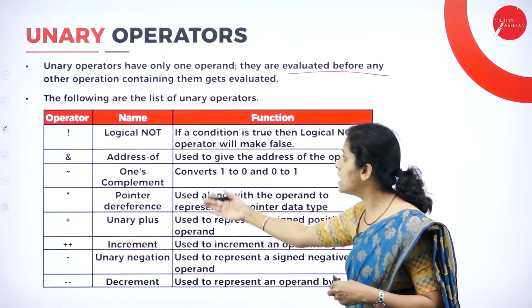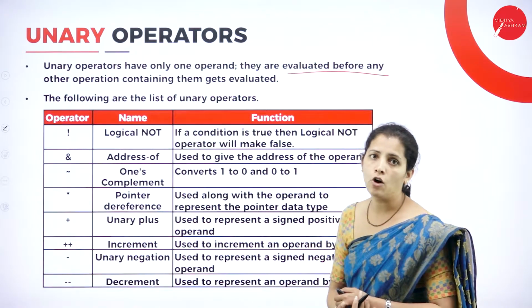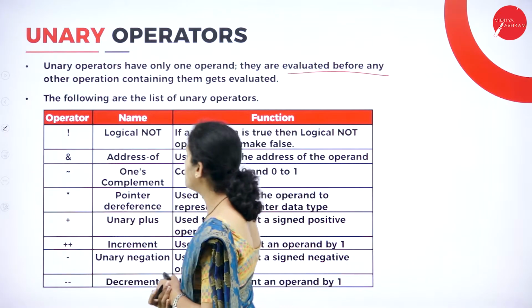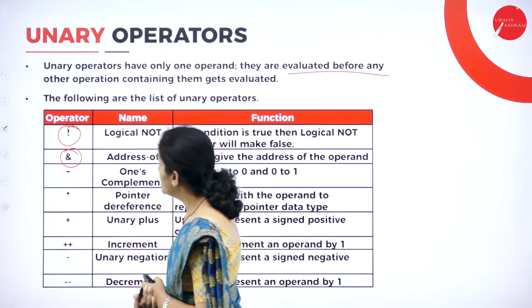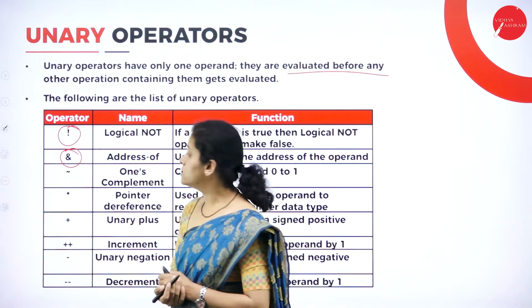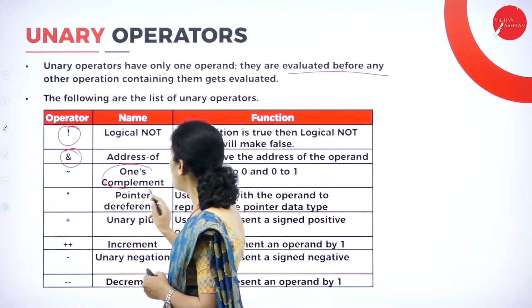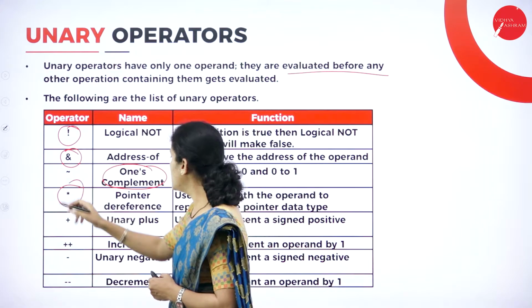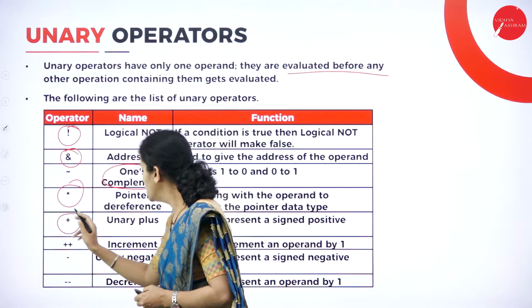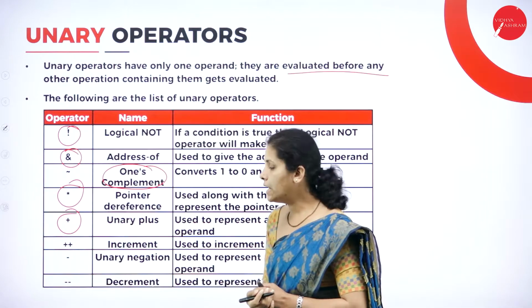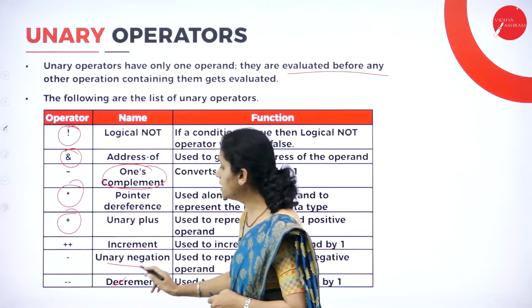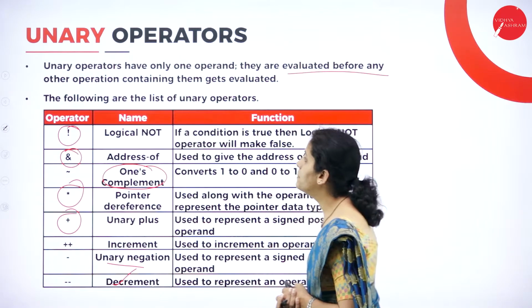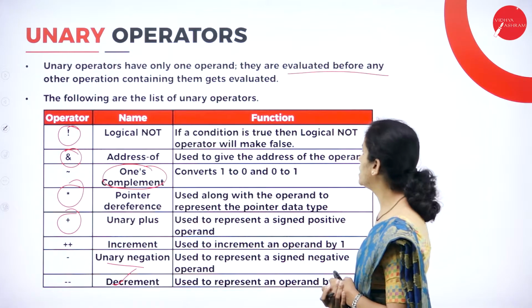These are the examples for unary operator: logical not, address operator, tilde symbol, that is nothing but the complement, then pointer, unary plus, increment, unary negation, then decrement. These are the examples for unary operator.